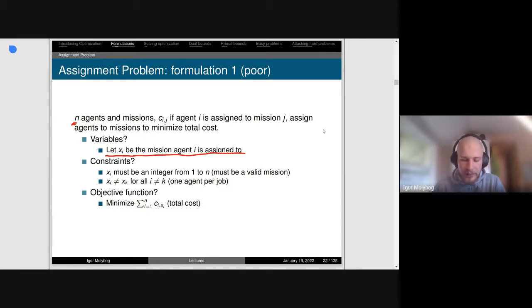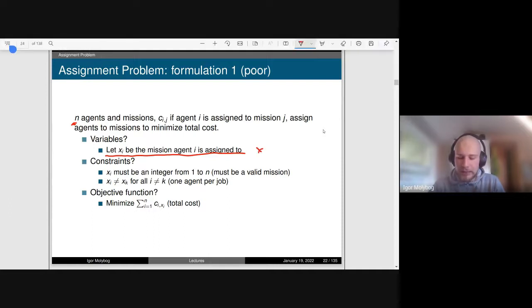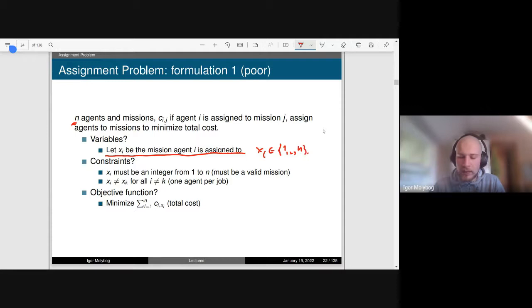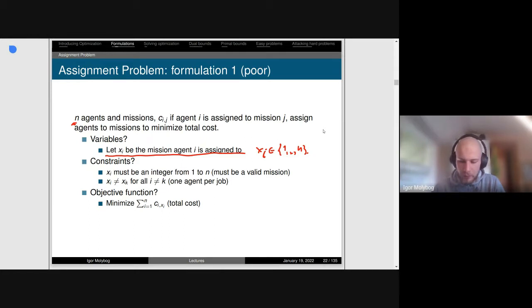And we say that xi is the mission agent i is assigned to. So now xi belongs to 1 to n, and it is the actual number of the mission. So we have n numbers from 1 to n.